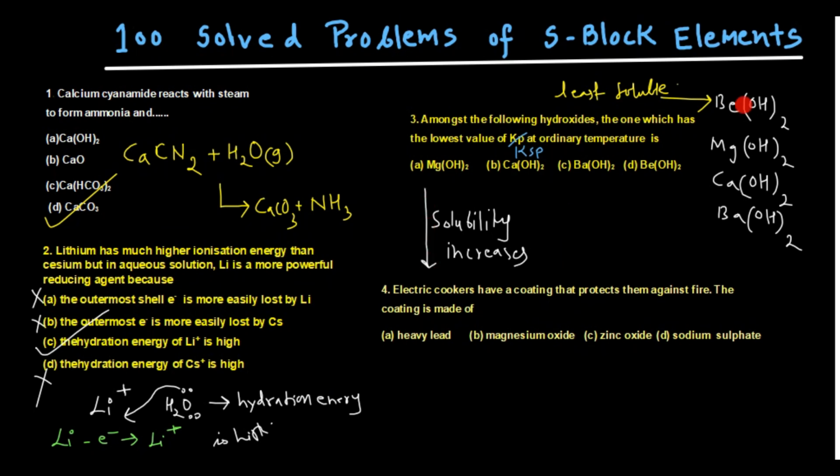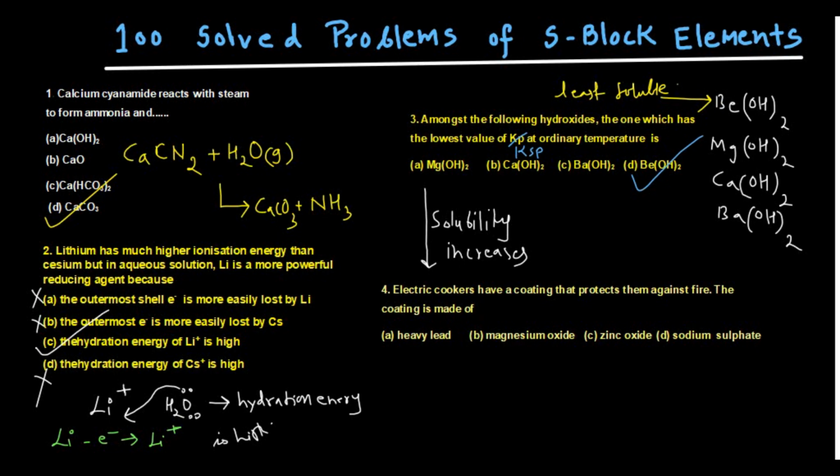Since beryllium hydroxide is the least soluble, it would have the lowest value of solubility product. So you can simply mark option D. Yes, option D is the correct option. So this is your correct answer, right?